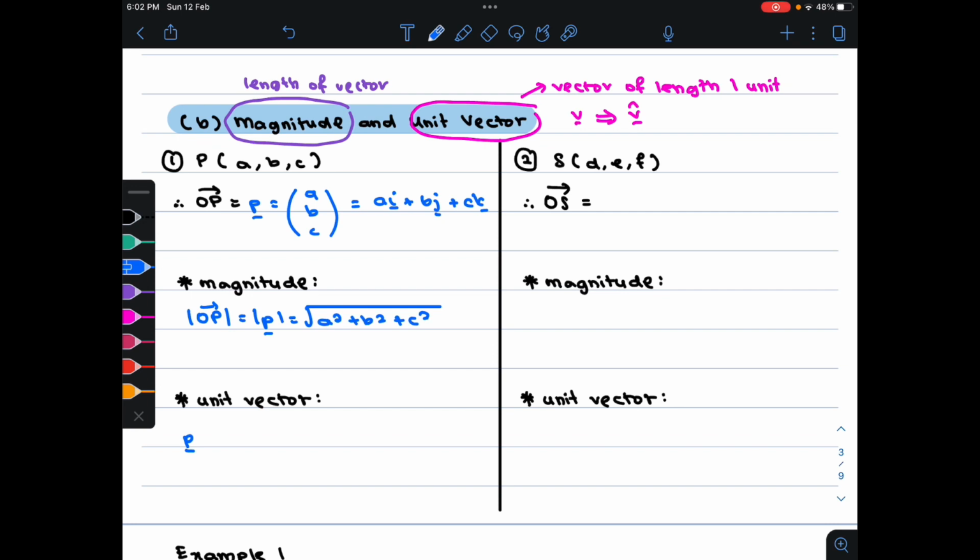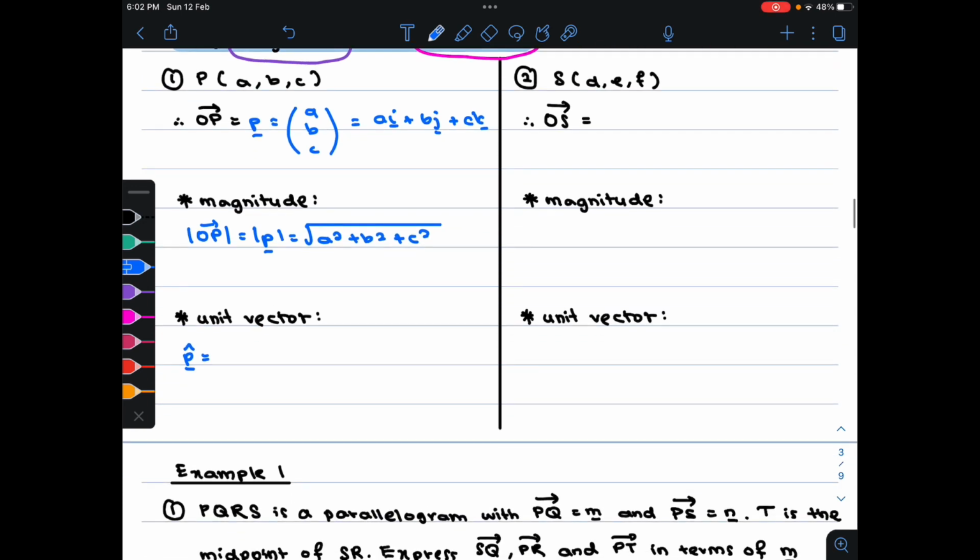Therefore, the unit vector is P hat, which is the vector P divided by the magnitude of the vector. So just write down vector P is Ai plus Bj plus Ck, divided by the magnitude of vector P, which is this one.